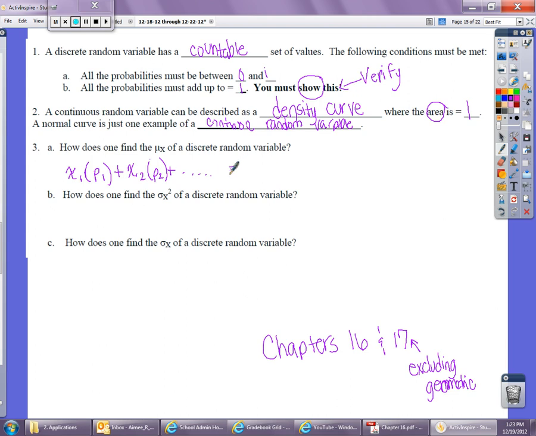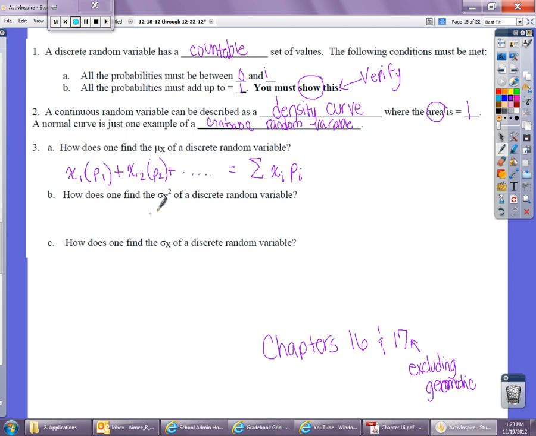Okay? The formula that you're going to have on your review sheet is going to look like this. It's going to have your sum notation, and then it's going to say x sub i, p sub i. So basically you're going to sum all of the x values times their probabilities.